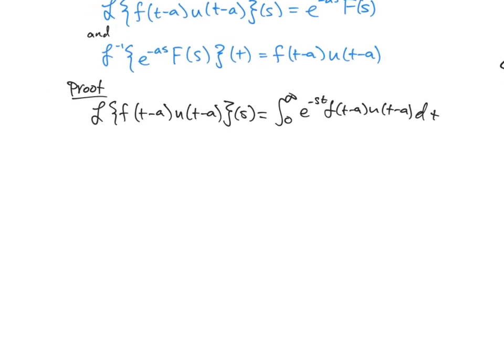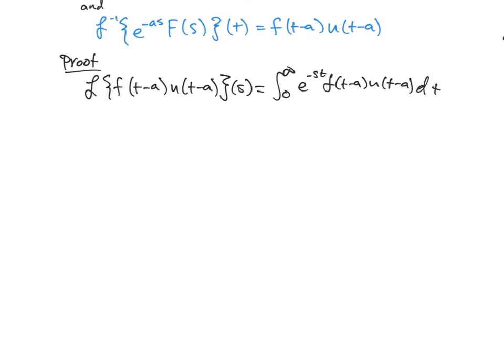So let's come back over here and we can keep going. So this is going to be equal to the integral from a to infinity. And to the right of a, the u is just 1, and so we've got e to the negative st times f of t minus a dt.